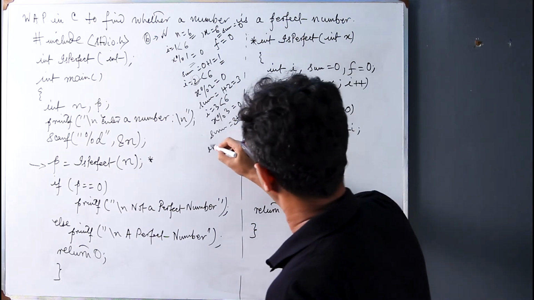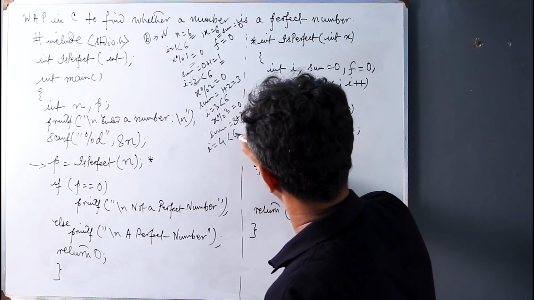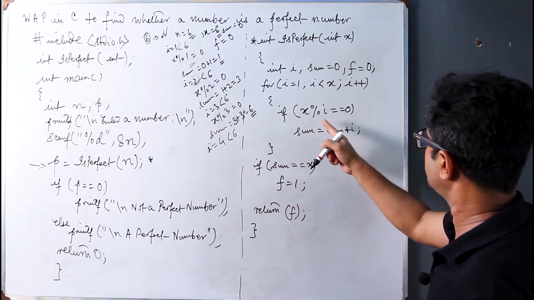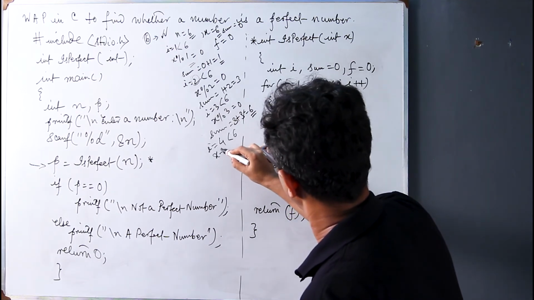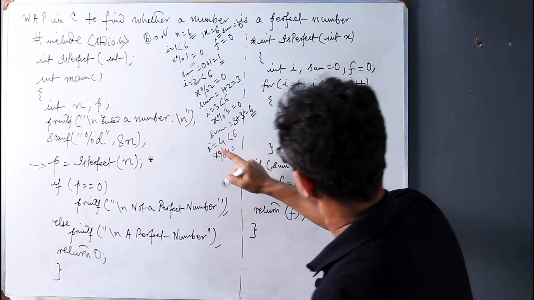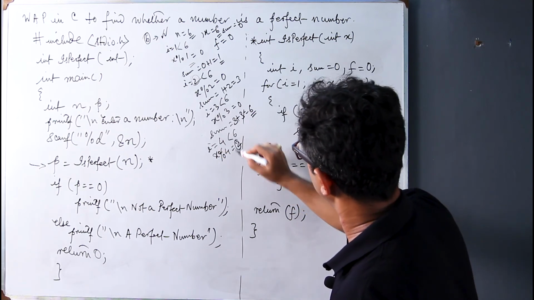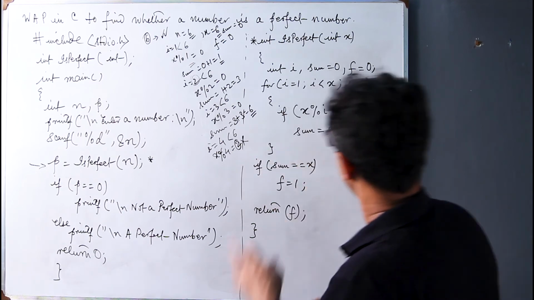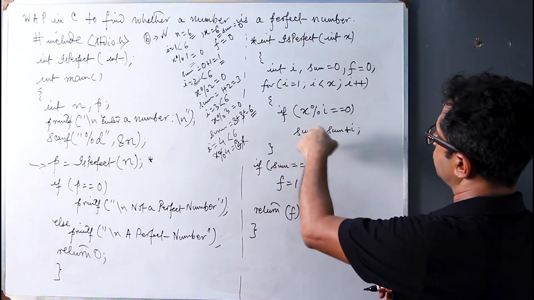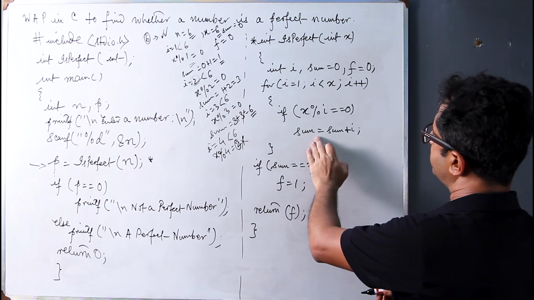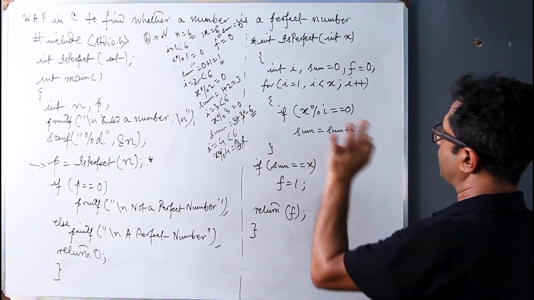Now I is equal to 4, definitely less than 6, but x percent 4, that is 6 percent 4, will yield you a remainder of 2. It is not 0. So this if condition's logic will not work, and that's why sum will not be updated in this step.